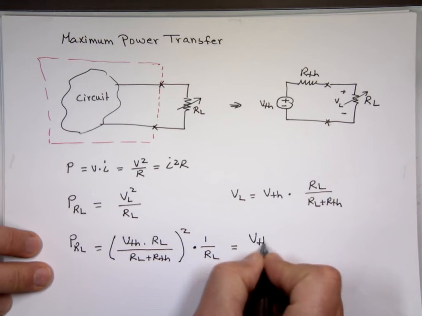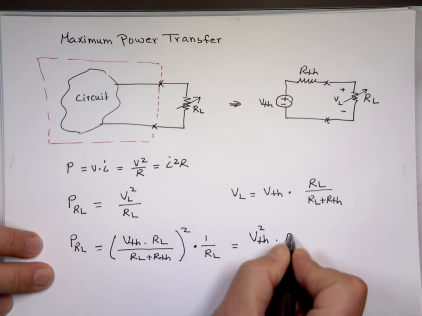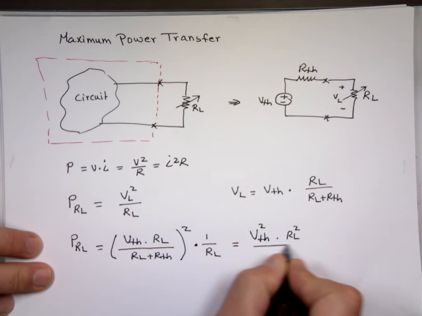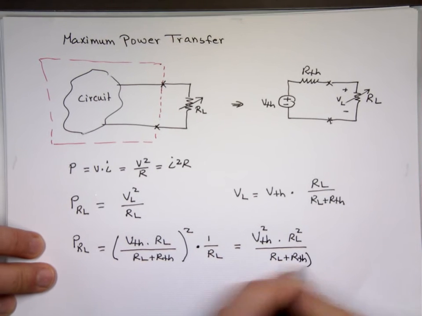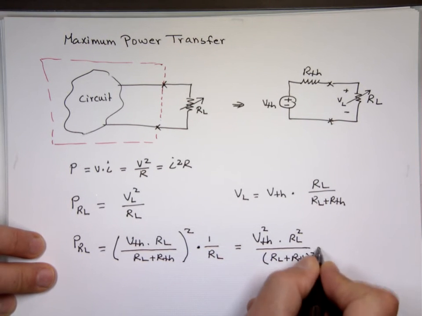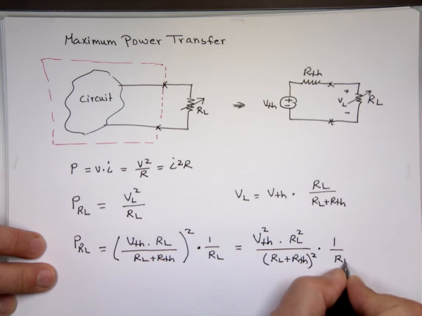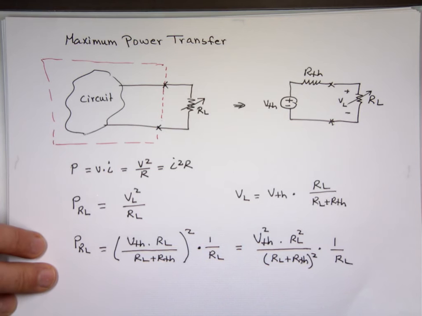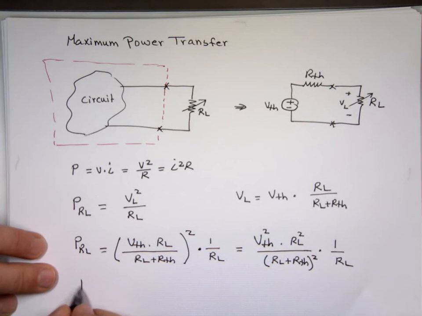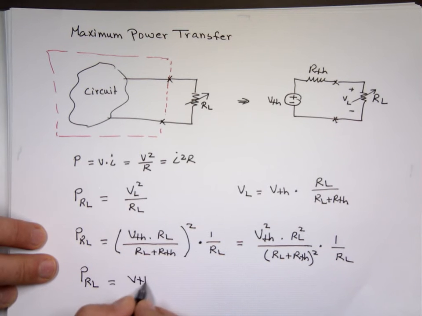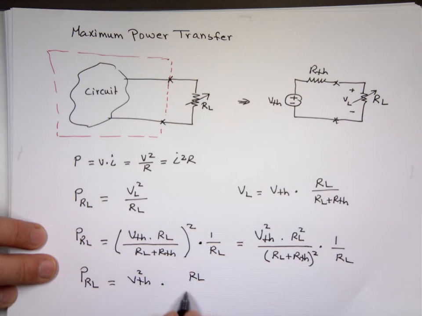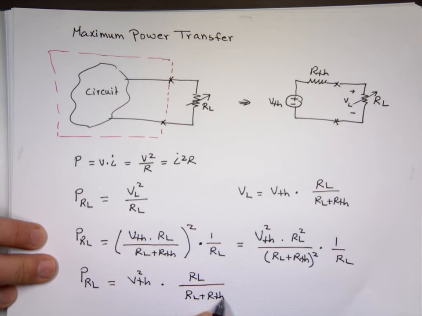That's V Thevenin squared, RL squared over RL plus R Thevenin squared, times 1 over R sub L. And notice this R sub L will cancel one of these, so the power to the load is always going to be V Thevenin squared times R sub L, because that will cancel one of these, over R sub L plus R Thevenin squared.